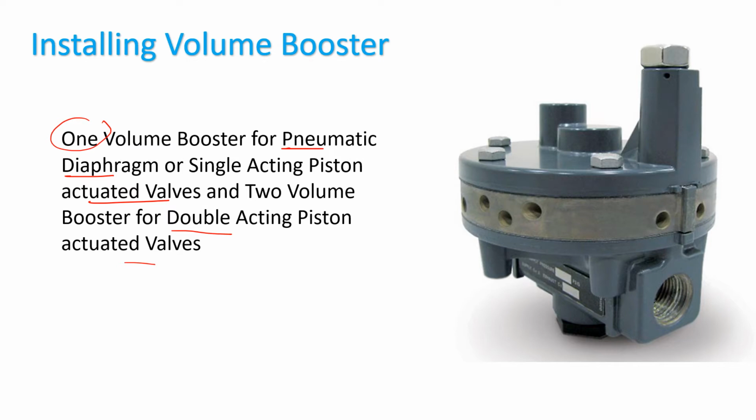So here we prefer volume booster instead of quick exhaust relay, because if we use the quick exhaust relay or quick exhaust valve, the opening stroke time becomes less, but the closing time remains the same. But that eventually results in a bad tuning of the loop.